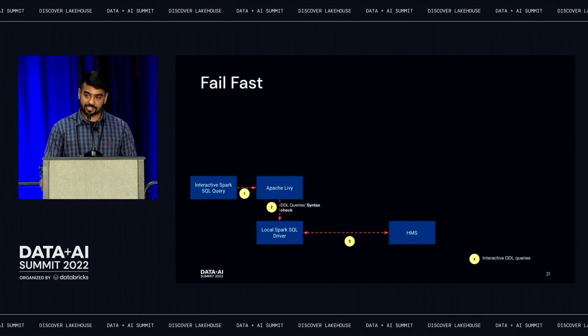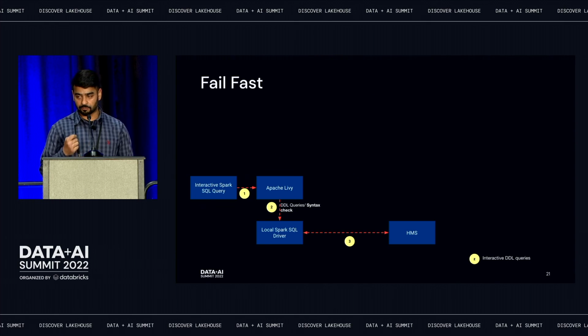Moving on, our next requirement was fail fast. For each user DML query that is a non-metadata query, we started taking advantage of those local Spark session pools. Whenever a query comes to Livy, we check if it is not a metadata query, and we start 2 executions of it.